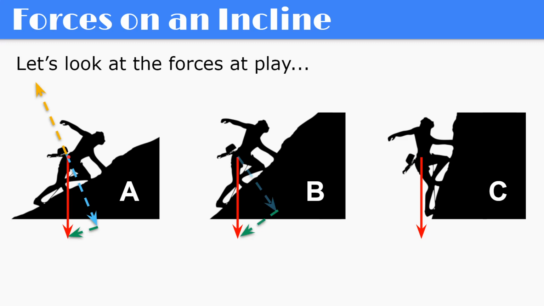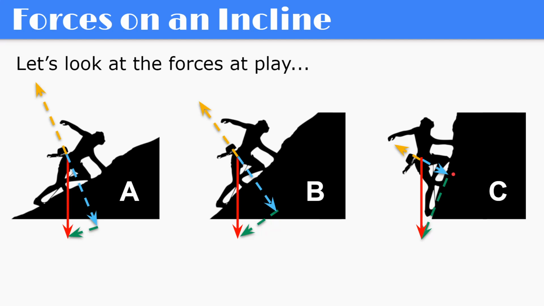For B, same idea. Again, a portion of it is going to be directed downward, keeping straight down as gravity, but perpendicular to the surface is a component of that keeps you in contact. And then there's the other component that makes you want to slide downhill. And then same thing here. You have the component that makes you want to slide downhill, which is really large, versus your contact.